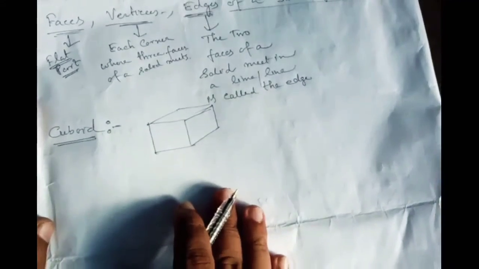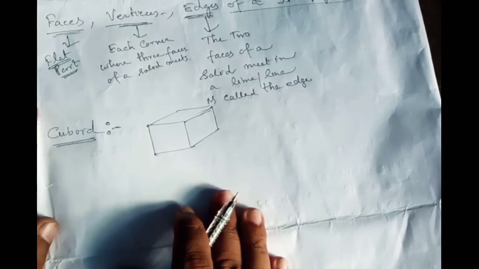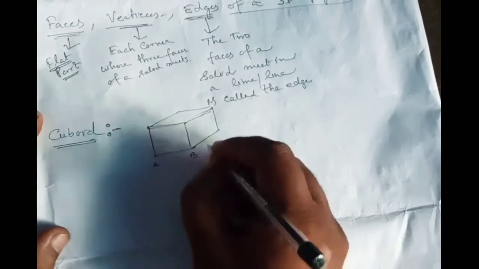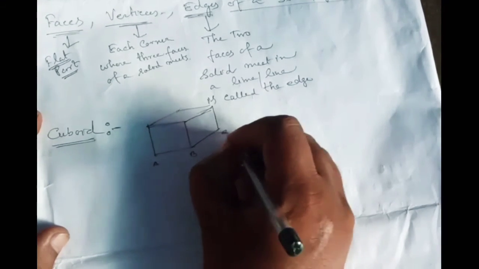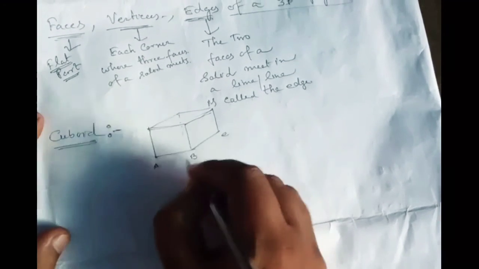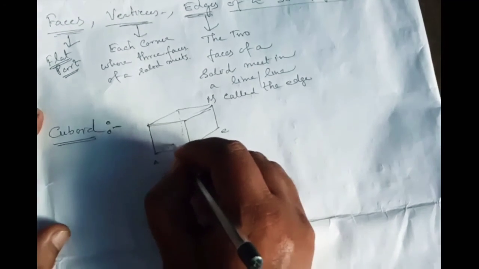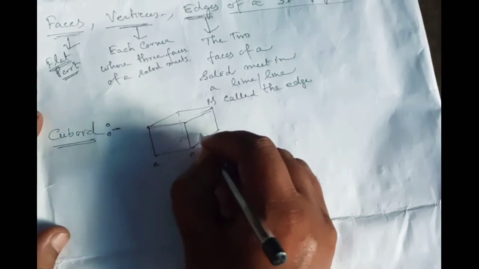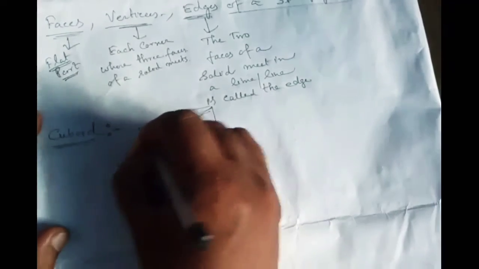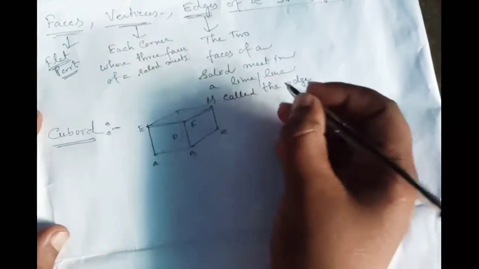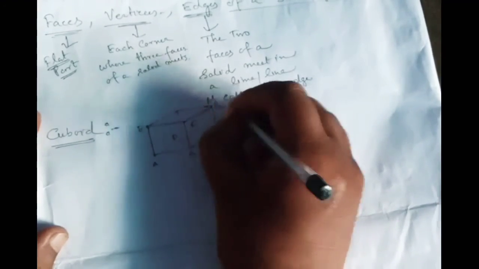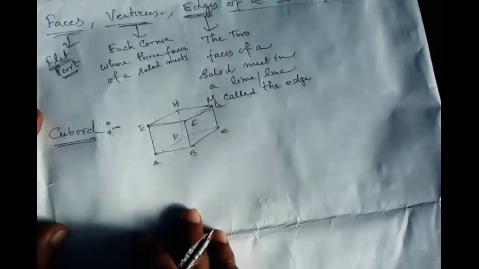This is a cuboid. Okay. So now if we name it A, B, C, this is D, this is E, F, next this is G, this is H.